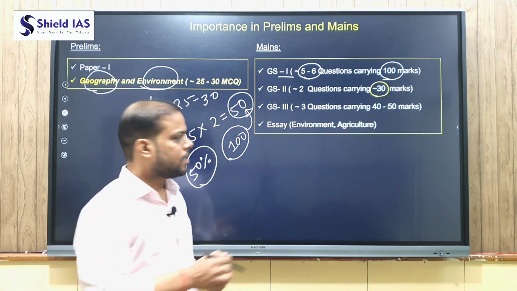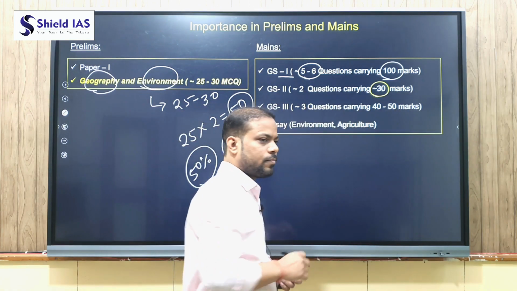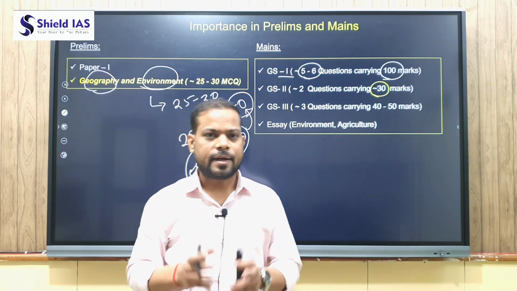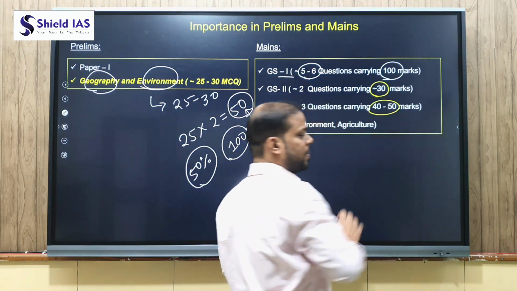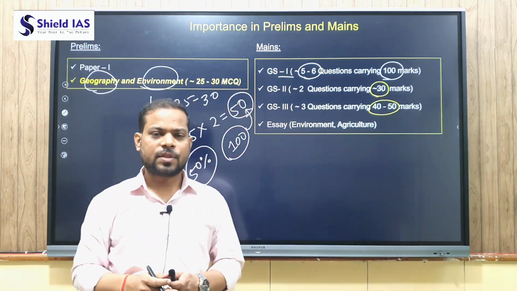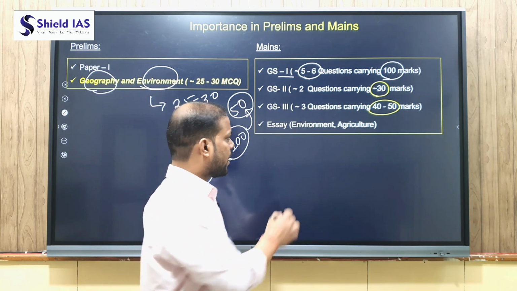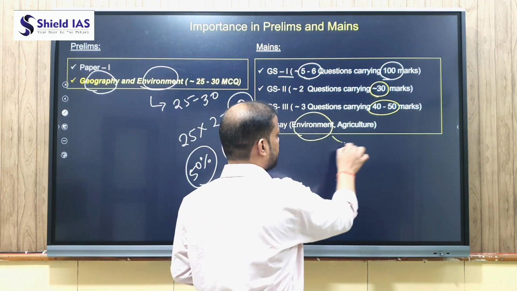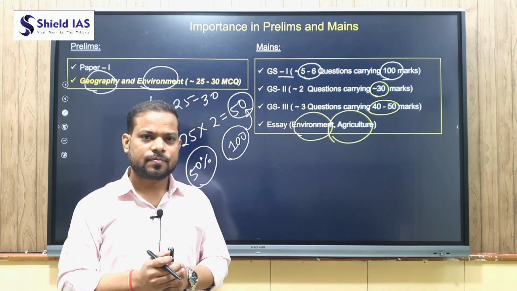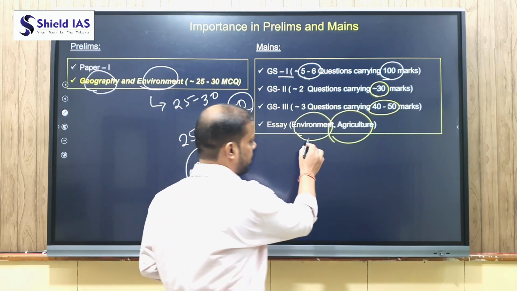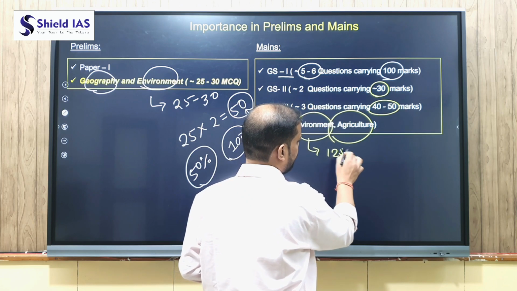And in GS paper 3, there are topics called environment, agriculture, disaster management. So here again you can get 40 to 50 marks. And if any essay comes from environment and agriculture, both are part of the geography optional. So again here you can also get 125 marks.